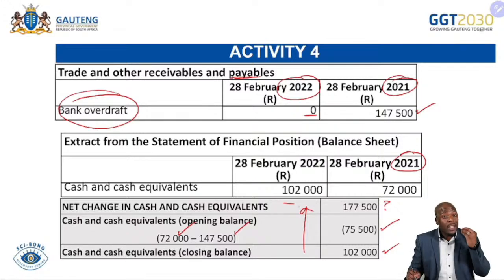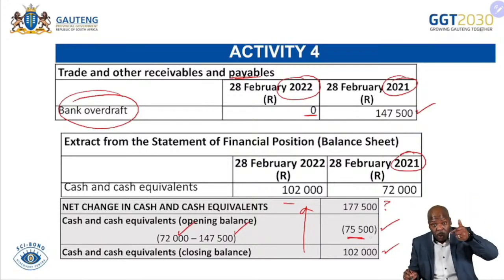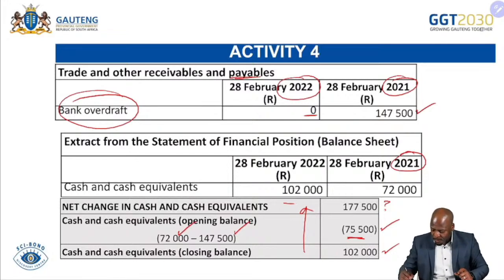Either way, whatever is easy for you in the exam, the idea is to grab as many marks as possible. So you are saying on your calculator, 102,000. If I flip the sign, it's a minus 75. So if I switch the sign, because I'm going up, I switch the sign, it's a minus, so it becomes a plus. So it's going to be 102 plus 75.5, which gives me 177.5.